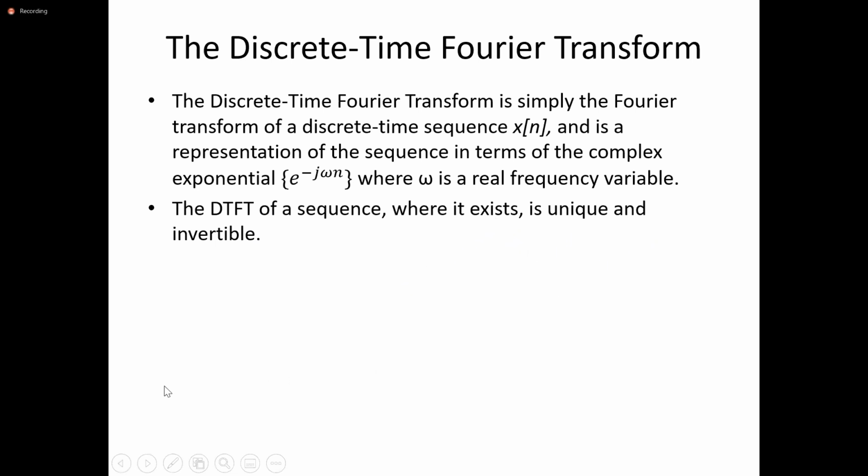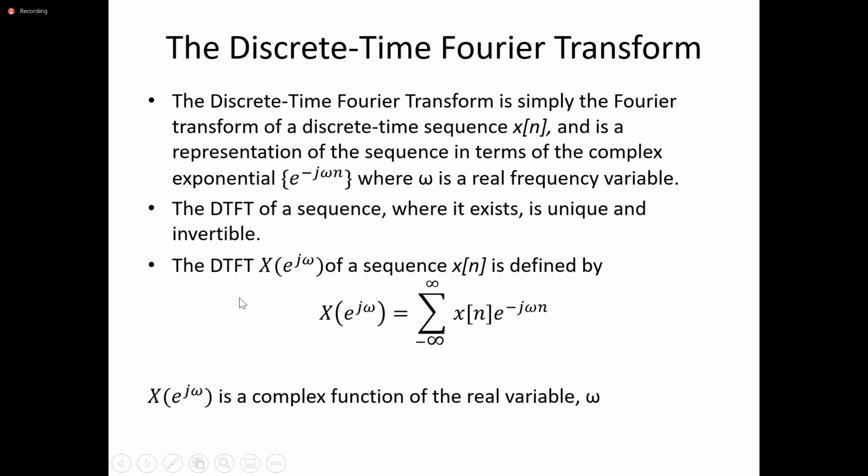In other words, if we take the discrete-time Fourier transform of a sequence, it produces a unique output, which may be complex. Well, most of the time, it is a complex function. And it is also invertible. That means you can take a sequence which has been transformed and reconstruct the original sequence in discrete time. It is invertible.